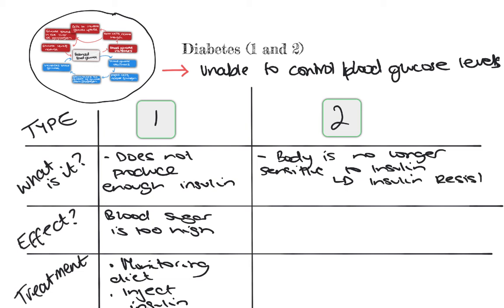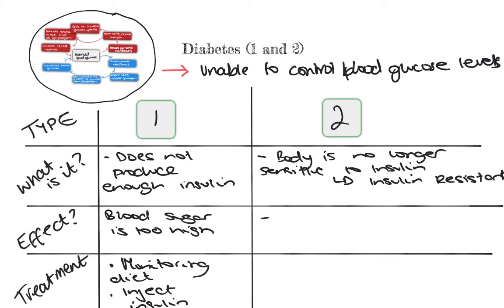And if cells are insulin resistant, it means that even though insulin is being produced, the cells are not taking up as much blood glucose as would normally happen, and so there's therefore more blood glucose there. That means it's going to be excreted. It also means that less glucose is being stored, and so you can see similar symptoms to type 1 diabetes.